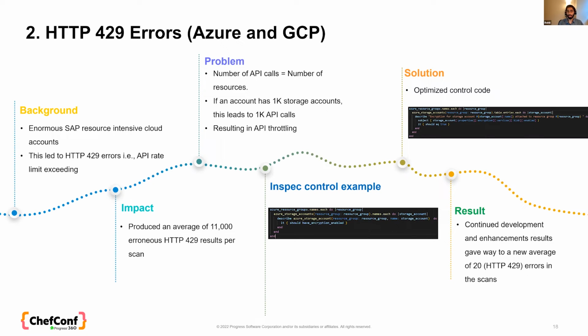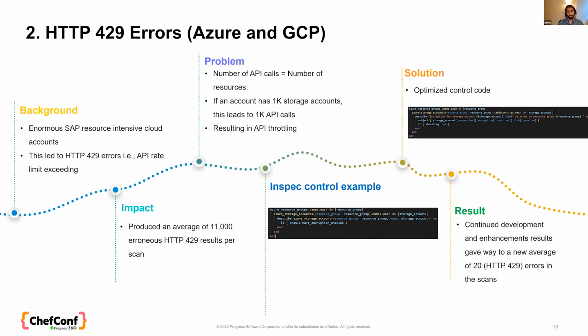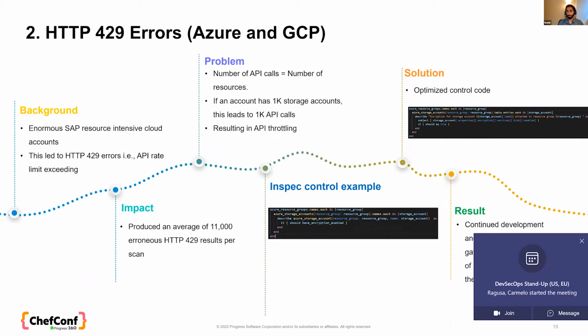What this resulted in was a number of API calls equal to the number of resources. So say, for example, if a certain subscription or account had 1,000 storage accounts, this led to 1,000 API calls, resulting in API throttling.